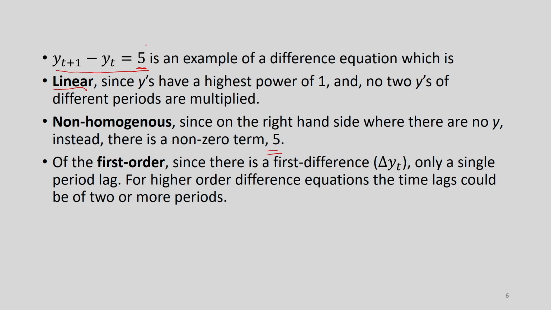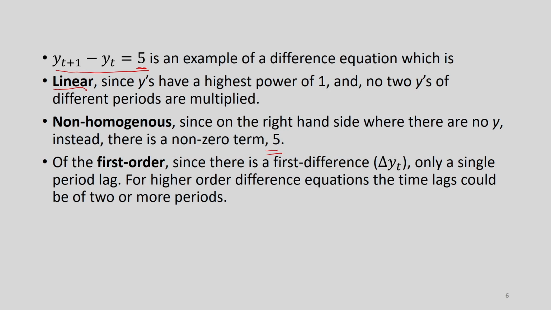So, had we had a 0 here instead of 5, then we would have called this a homogeneous difference equation. But since we have a non-zero constant on the right hand side, what is special about the right hand side here? The special thing is that on the right hand side there are no y's, okay, and if there are no y's, we have a non-zero constant which makes this difference equation a non-homogeneous difference equation.